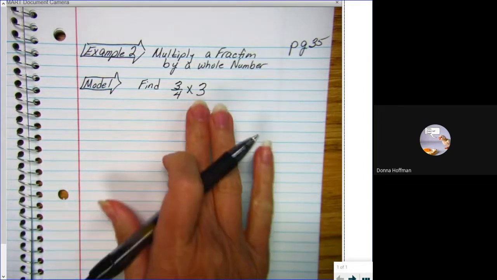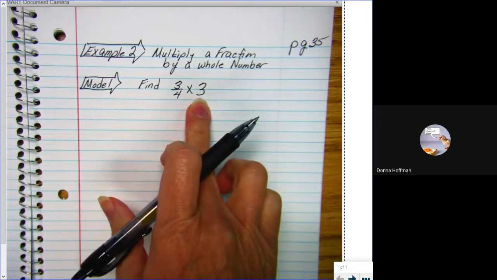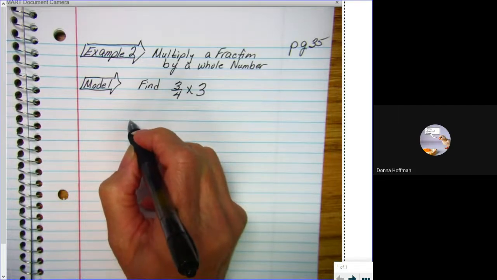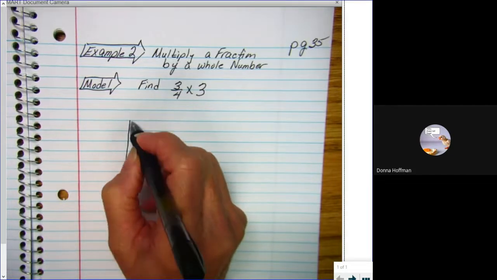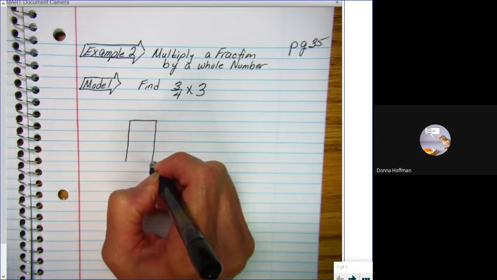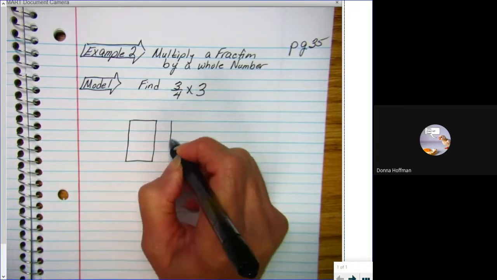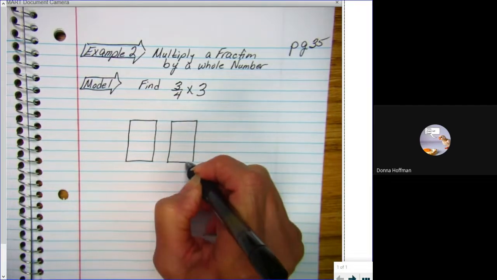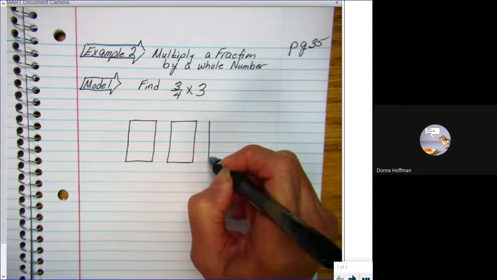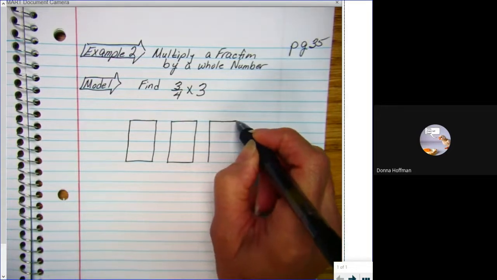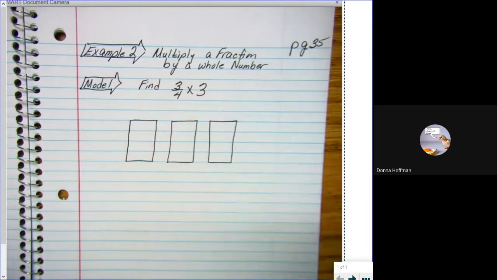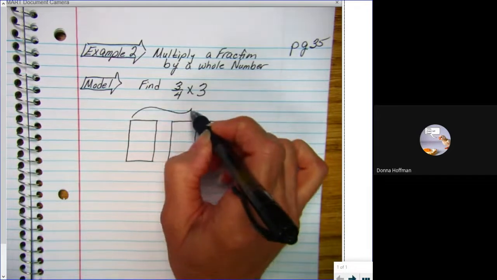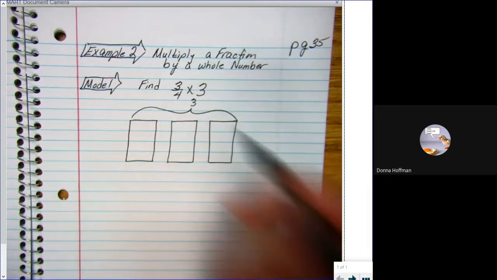The very first thing I want to do is draw a model that represents 3 wholes. Yep, that's just perfect. That represents my whole number 3.